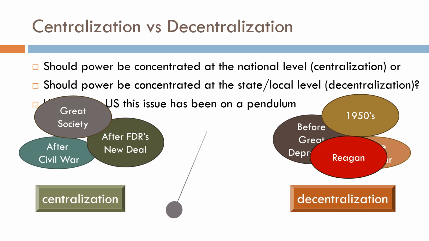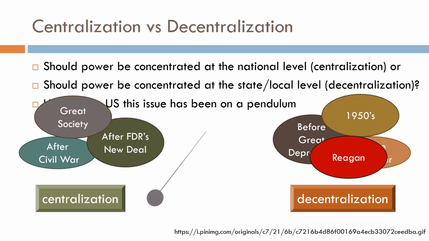And then sadly, when it comes to public assistance under the Clinton administration, states were given a lot of discretion, and so it's a decentralized program. In any case, all of this is to show that throughout history, we've kind of been bouncing between these two. Okay. Oh, and here's the source for the pendulum.